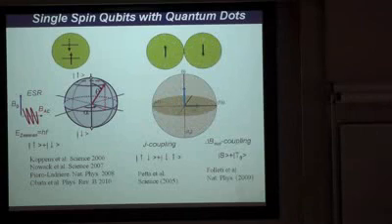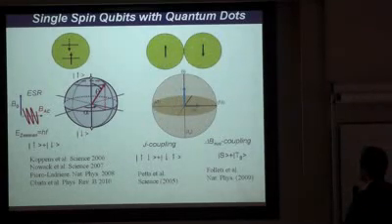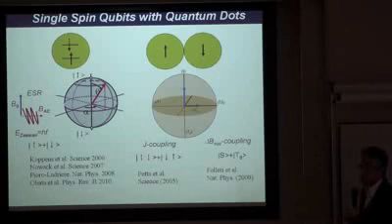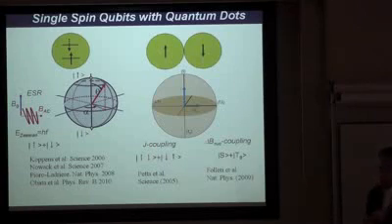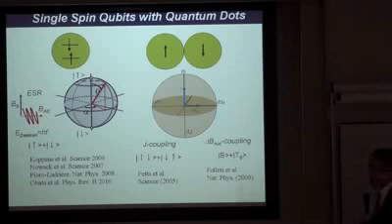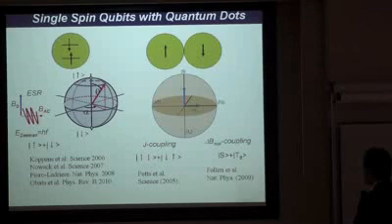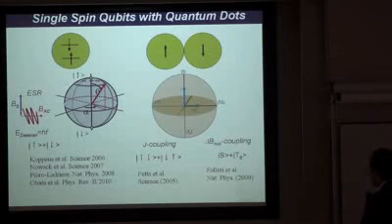Another approach is to use two spins in two quantum dots. Then, just by manipulating the exchange coupling between two spins, the superposition of the up-down and down-up states will give a basis for a spin qubit. They are coupled through this exchange coupling, which was implemented by the Harvard group to make a spin qubit.